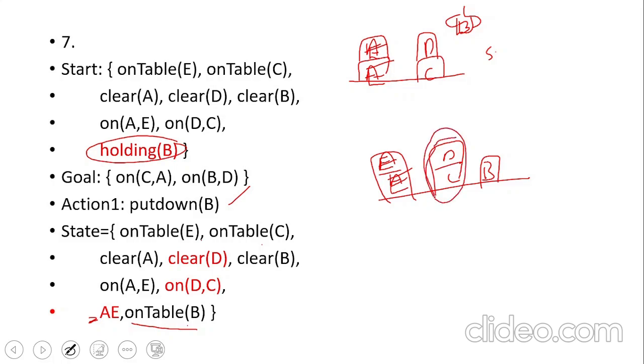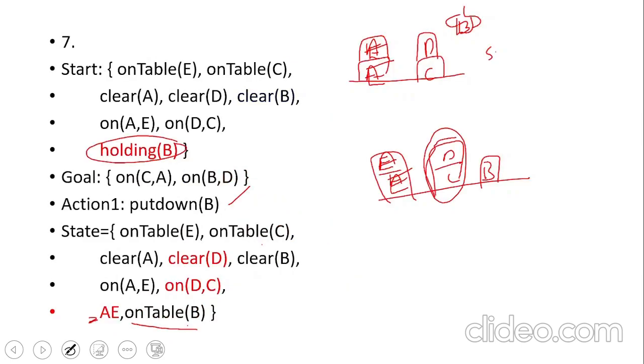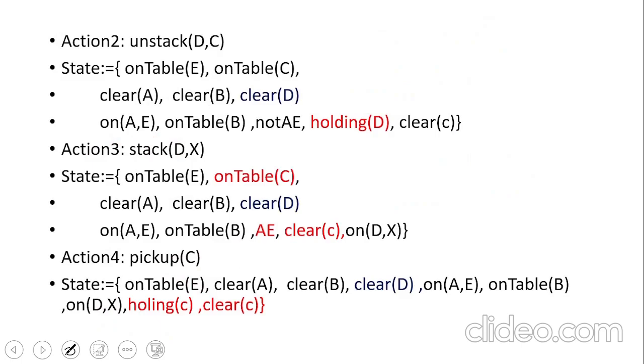That's why the next action we perform is unstack D C. What are the preconditions required for unstack D C? Arm empty, on D C, clear D. All three conditions are there in the state, so I can perform unstack D C. So the next action is unstack D C, and now add the positive effects.